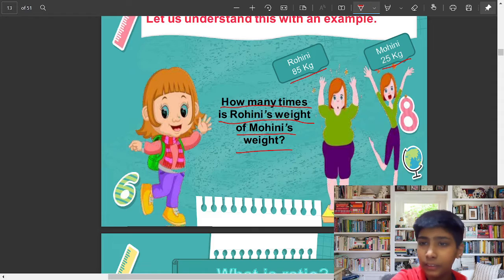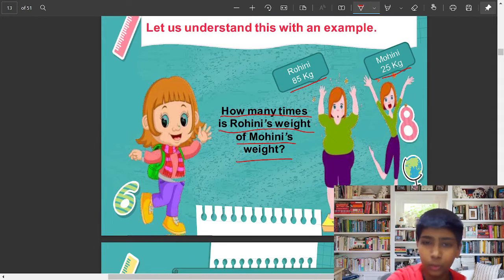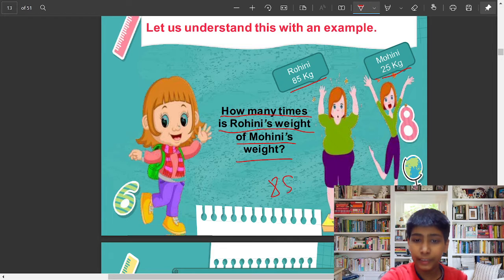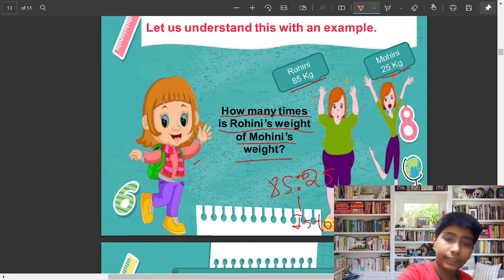Like as you can see in fractions also, we say 85 is to 25. This dot sign represents 'is to'. And 25 is there, so we can also write it as 85 upon 25.